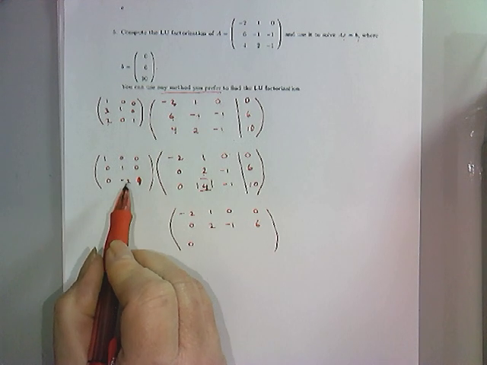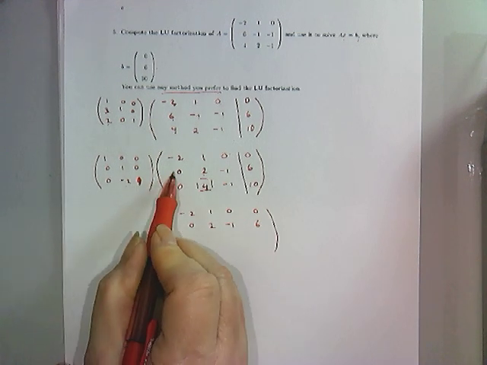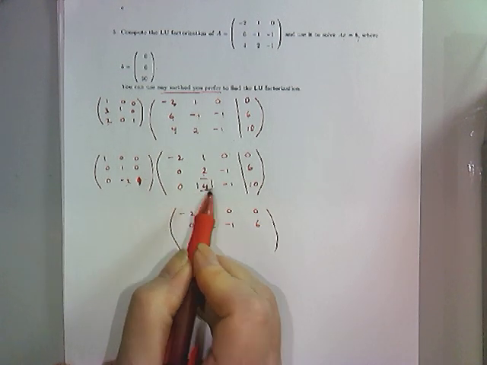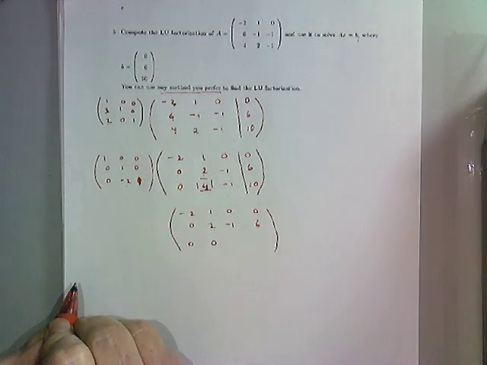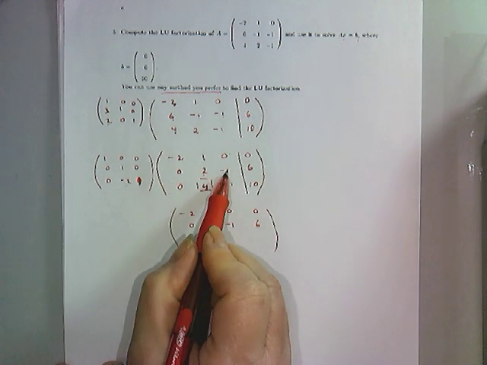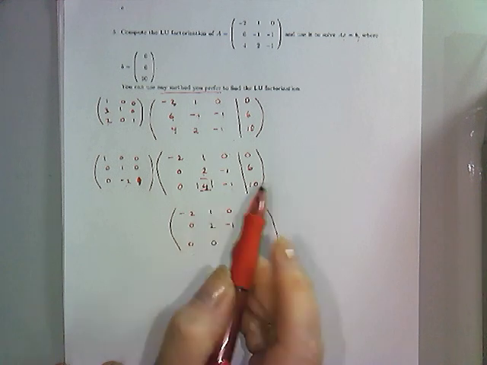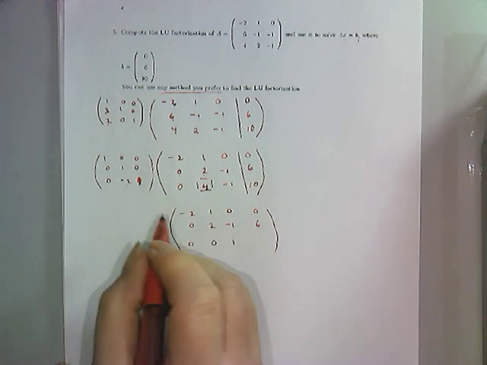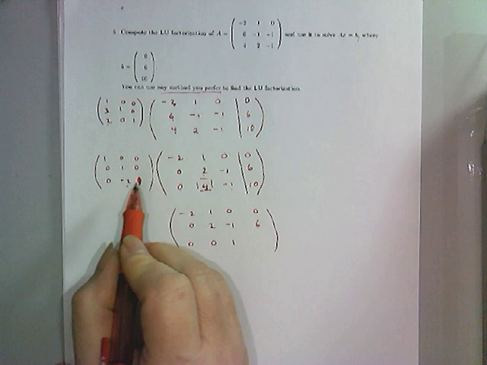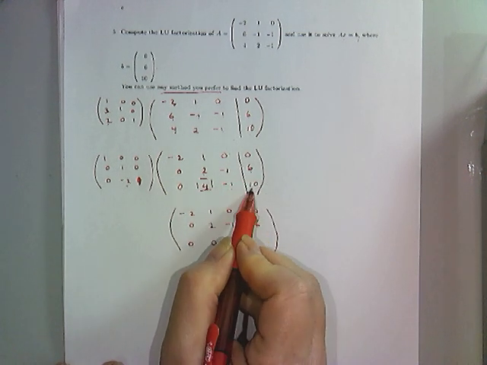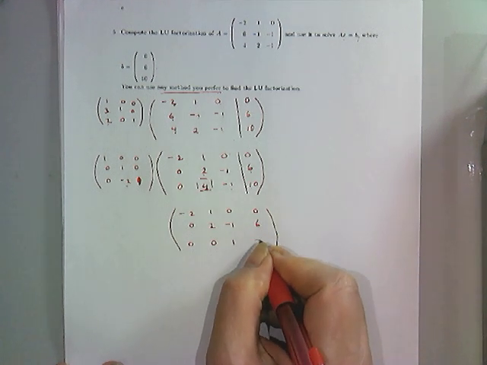It's going to be -2 times 0 plus 0, -2 times 2 plus 4, which is 0, like we wanted it to be, -2 times -1, which is +2, plus -1 is +1, and then -2 times 6, which is -12, plus 10, which is -2.